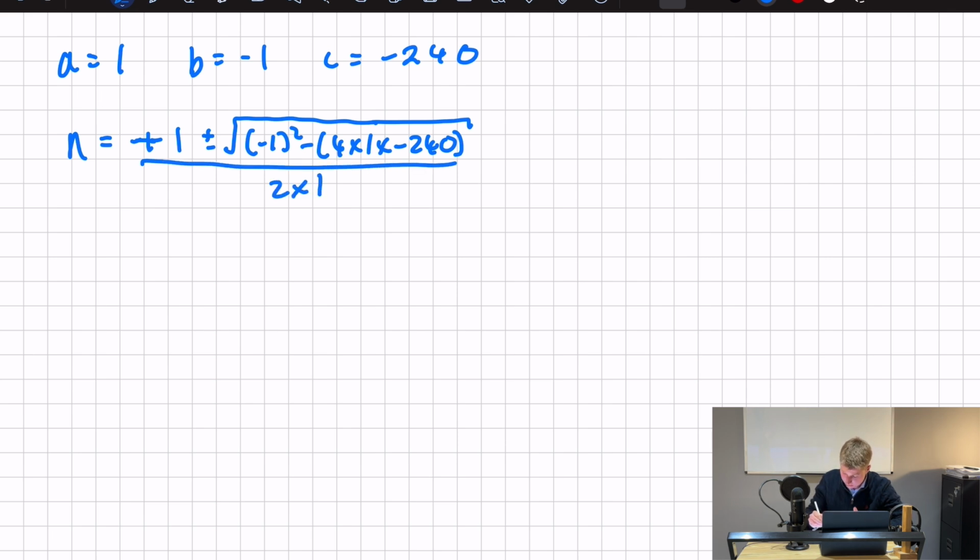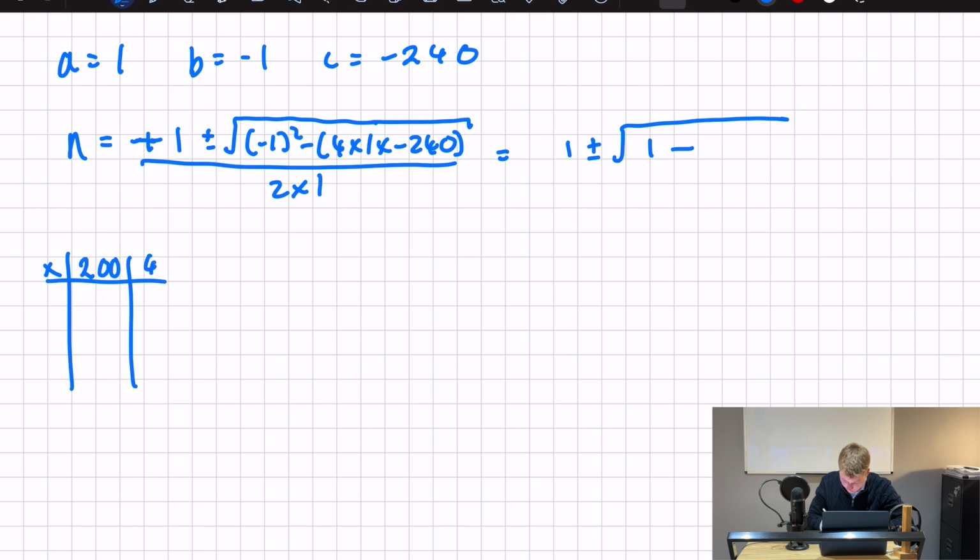So tidying this up, we get 1 plus or minus the square root of 1 minus, now we have 4 times 1 times minus 240. So if we do the grid method to find out what 240 times 4 is, 4 times 2 is 8, add the 2 zeros, 4 times 4 is 16, add a 0, so we get 960.